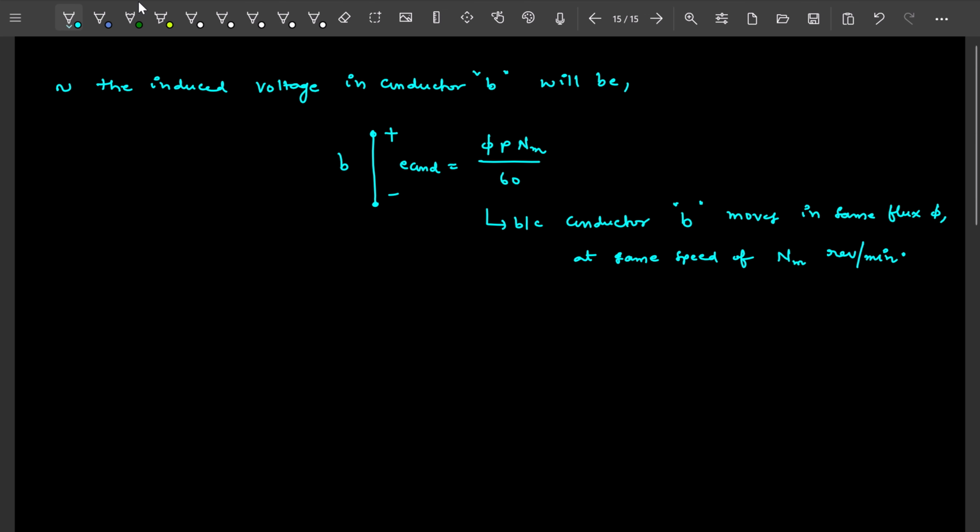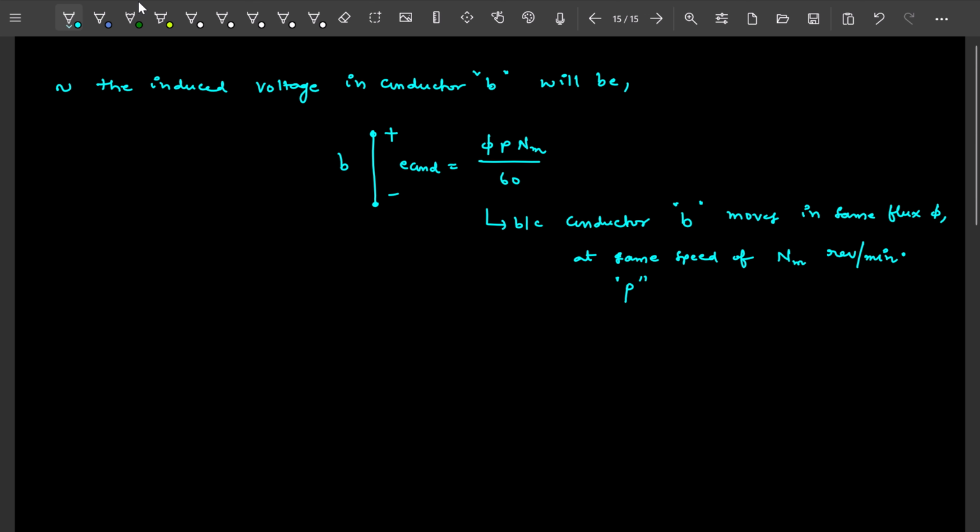That is nm revolutions per minute, and also that conductor B is moving in that same system. Here also the number of poles are P only. Okay, that is the thing.